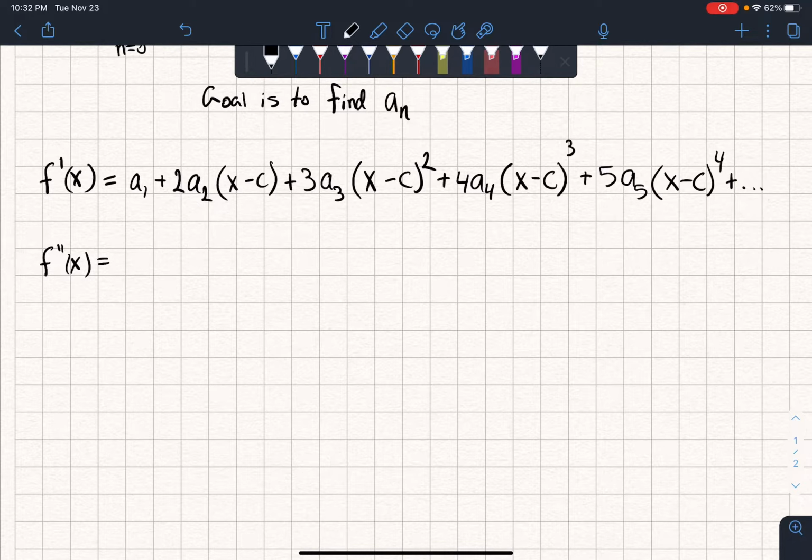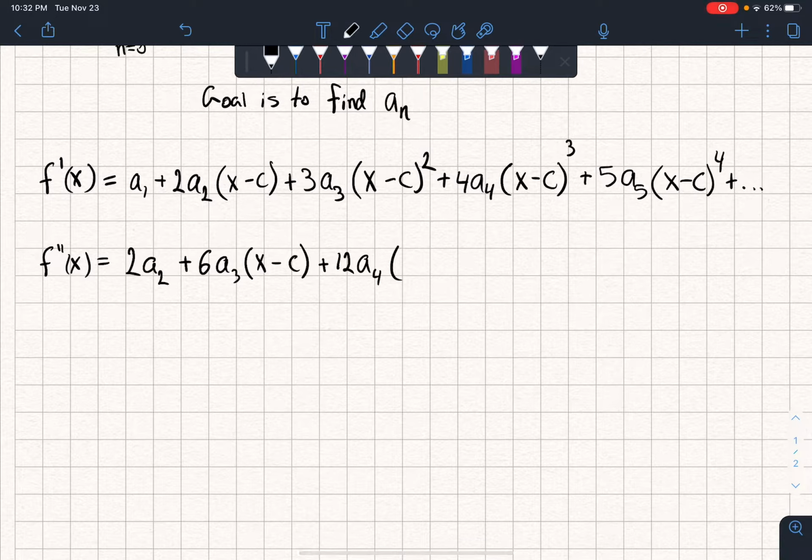So we're just going to get 2 a sub 2 plus, bring the 2 down, multiply it by the 3, we get 6 a sub 3 times (x minus c), plus 3 times 4, that's 12, a sub 4 times (x minus c) squared, plus 4 times 5 is 20, so we have 20 a sub 5 (x minus c) cubed.